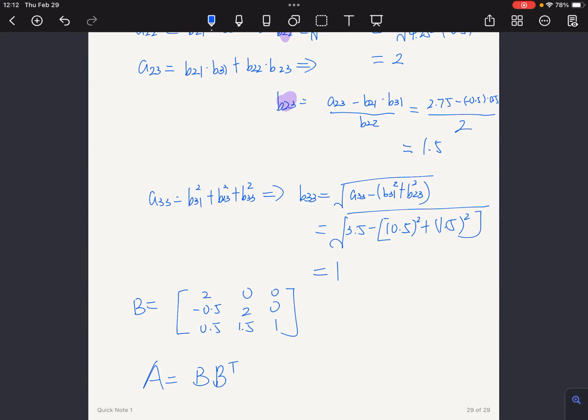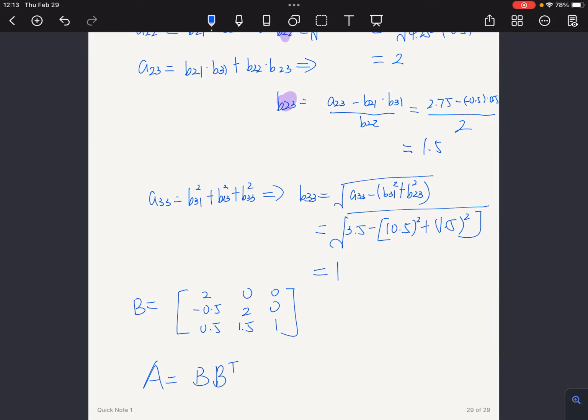So it seems that there are a lot of calculations here by hand, but you can actually make a program. If you follow the process here and type your program, you will find that this factorization is faster than the LU factorization because it just needs half of the computations.